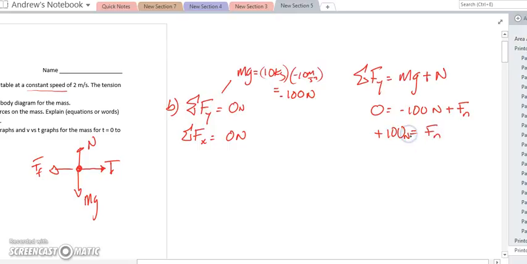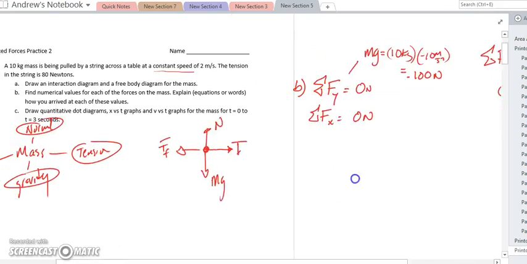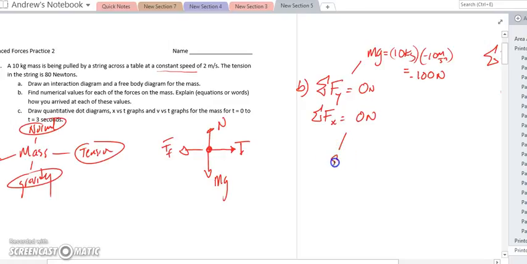For the x-axis, I also know that the sum of the forces on the x-axis is 0, and that makes up the force of tension plus the force of friction. Now, if this was accelerating, some people ask me about what number goes first. I usually make it a habit of putting whatever one wins as the one that's going to be first in the equation.